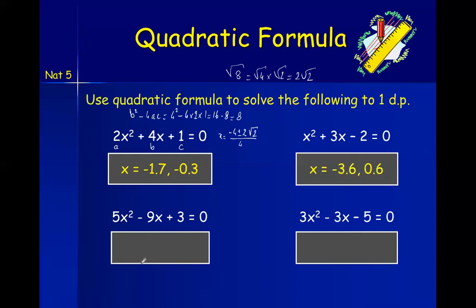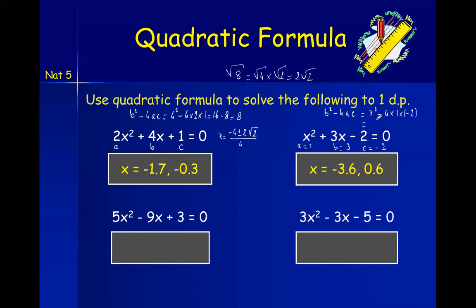The next one, let's try and do b squared minus 4ac for this one. So I've got a equals 1, b equals 3, and c equals negative 2. b squared is 3 squared, minus 4 times 1 times negative 2.